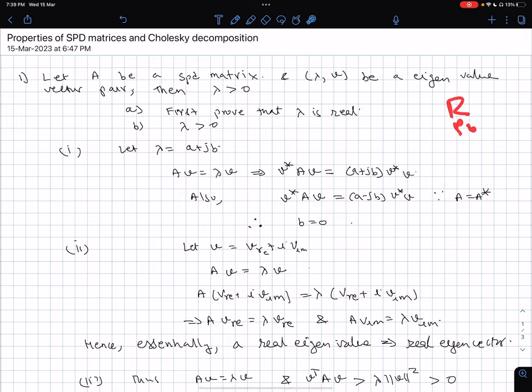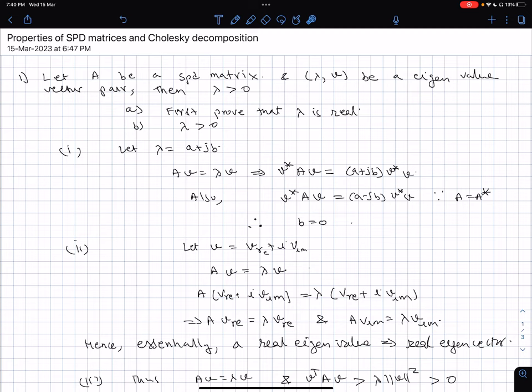And if R is non-singular, that is, all its diagonal values are not equal to 0, then Rx, a vector y, will always be not equal to 0 if x is not equal to 0. So therefore, the square of the length of Rx will always be greater than 0 if x is not equal to 0. So Cholesky decomposition can be done in order n cube.